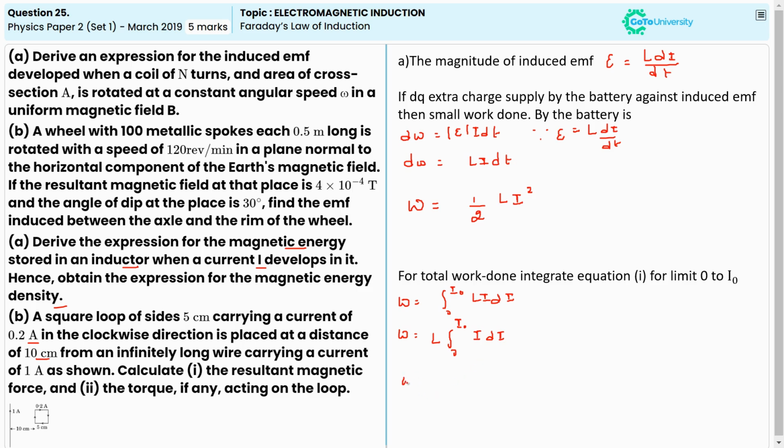Then we get W is equal to L I naught square divided by 2, applying the limits 0 to I naught. Then we get the value W is equal to L I naught square divided by 2. Then we can write it as U M is equal to 1 by 2 times L i square.